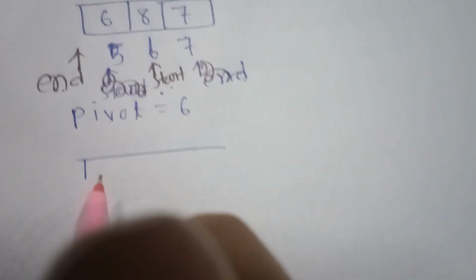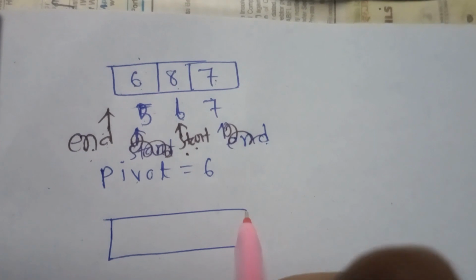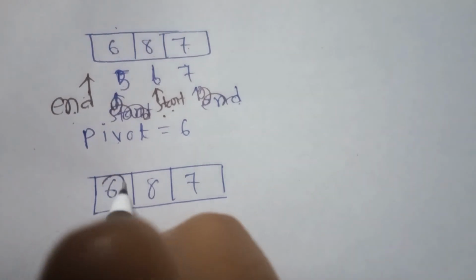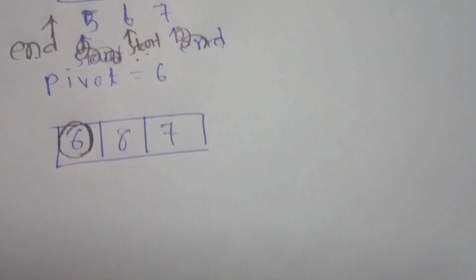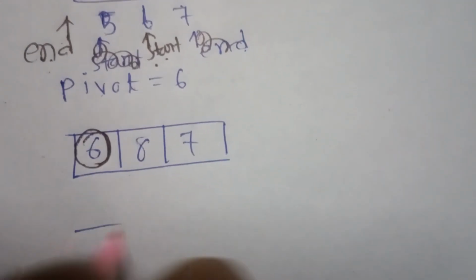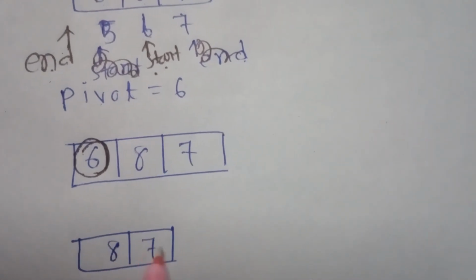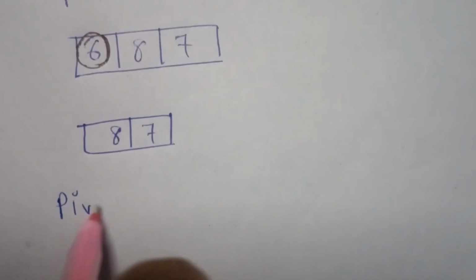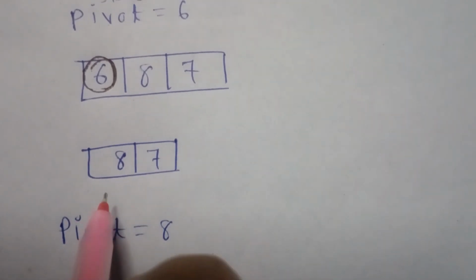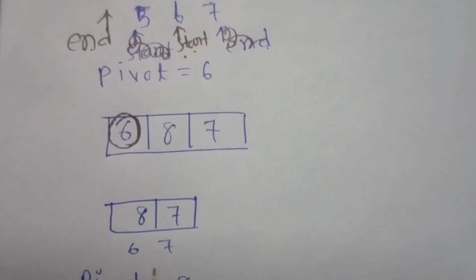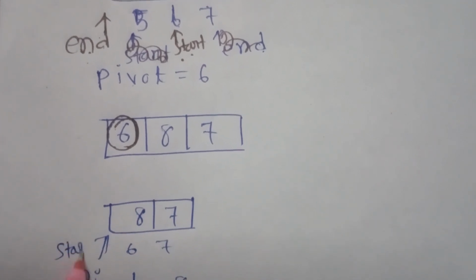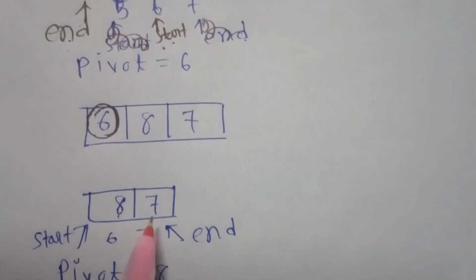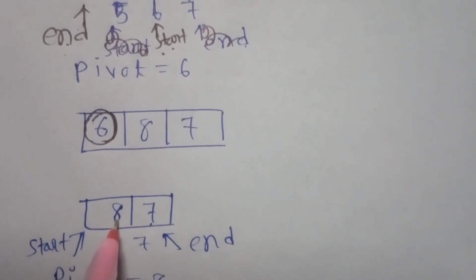Now we modify 6 8 and 7, so 6 is sorted, and the rest is 8 and 7. Here we suppose pivot is 8, start, end. 8 less than or equal to 8, true. 7 less than 8, true.